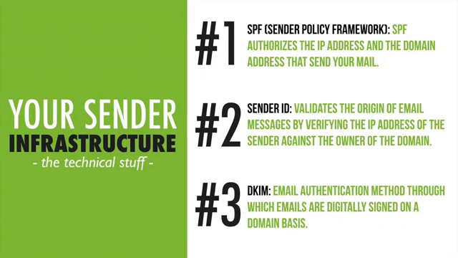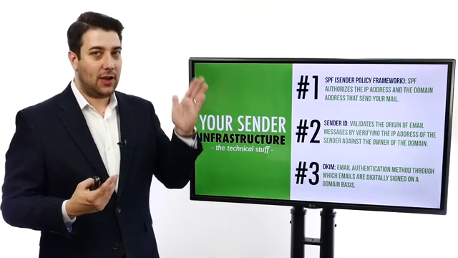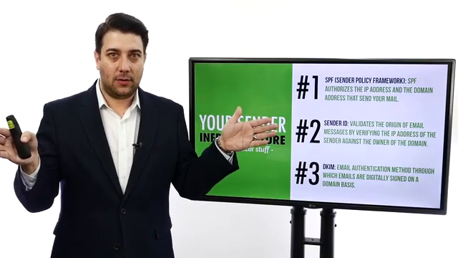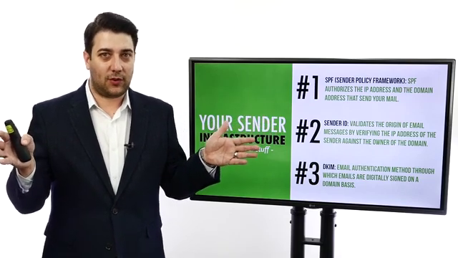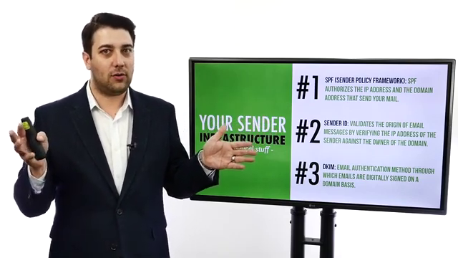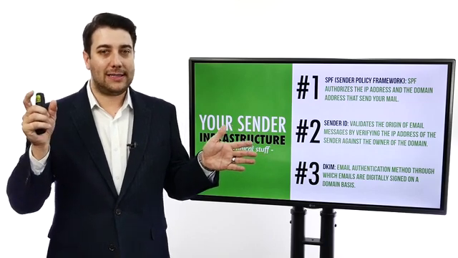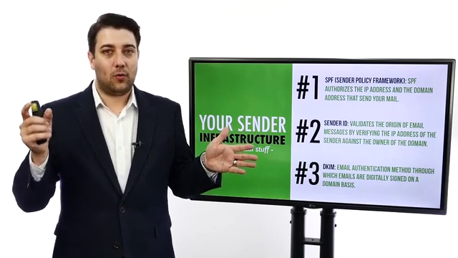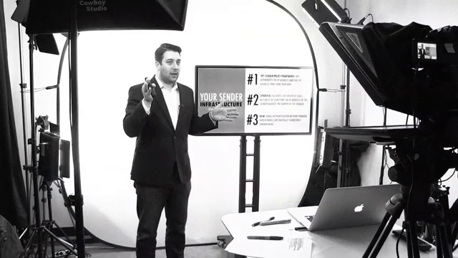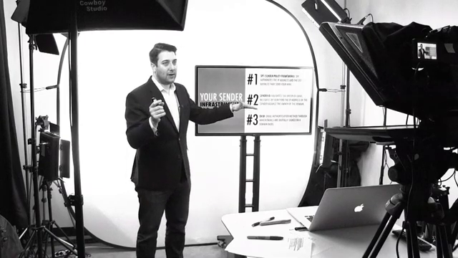Your SPF, Sender Policy Framework. All this is doing is authorizing the IP addresses and the domain addresses that send your email. Right, so if you have a domain here and an IP here, because you're using a third-party email service provider, you need to go into your domain registrar and set up these different records and say, when email from support@digitalmarketer originates from these 9 IP addresses, it's okay, that's us, right?